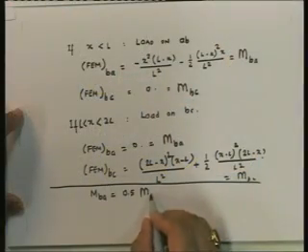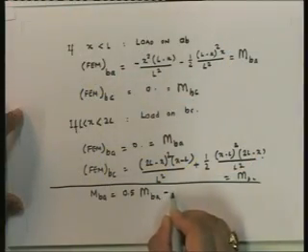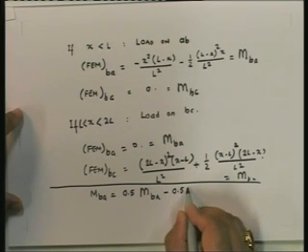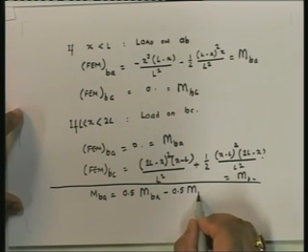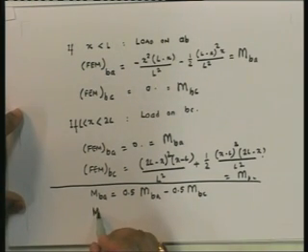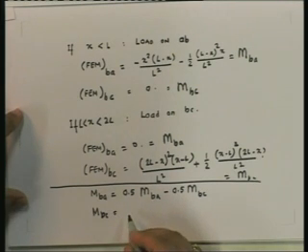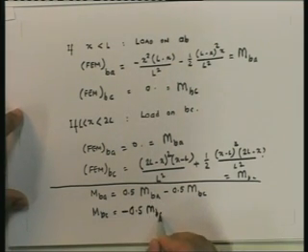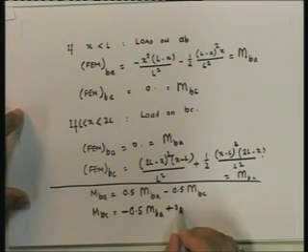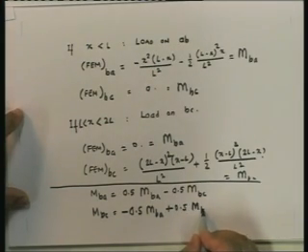It's just that writing down long expressions does not serve a purpose, so I'm using a smaller notation, that's all. And the bending moment at BC is equal to minus 0.5 MBA plus 0.5 MBC.